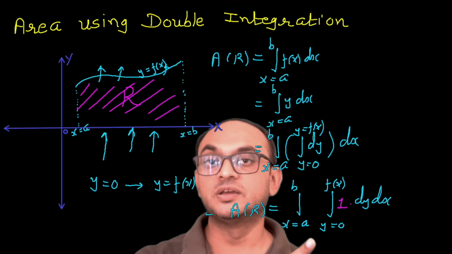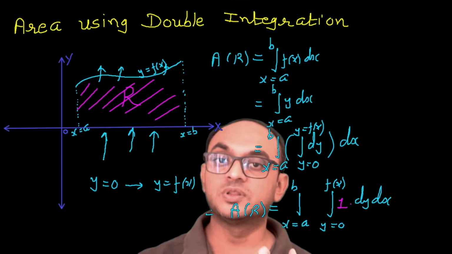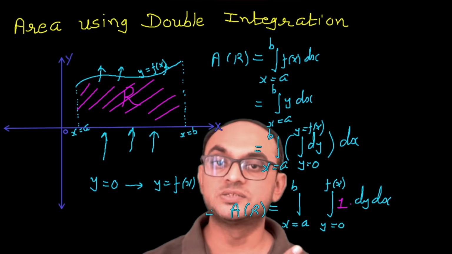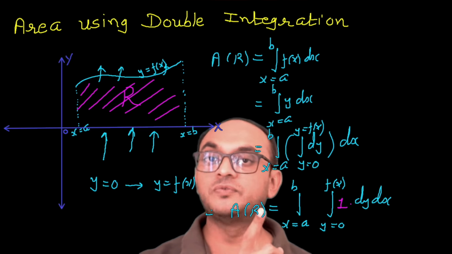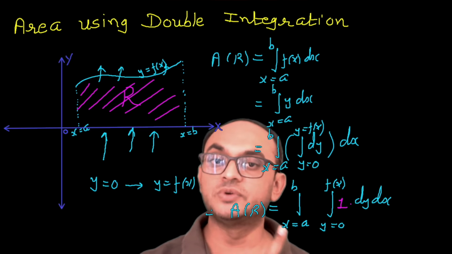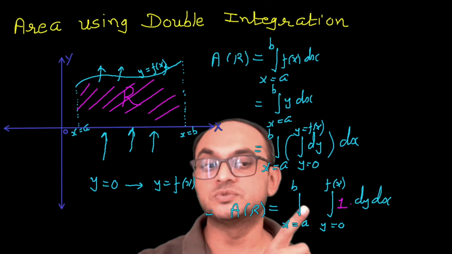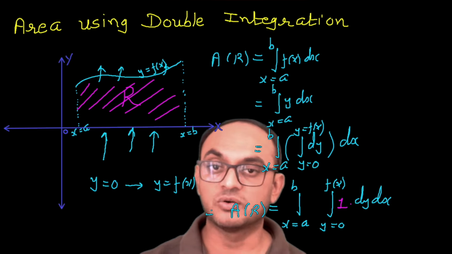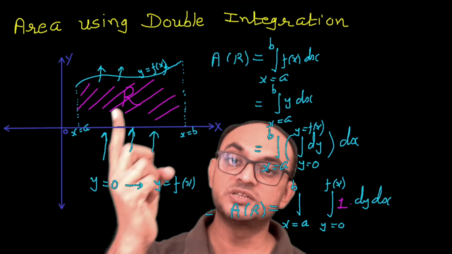So f of x, y is 1 here, and therefore the formula for area in terms of double integral is: area of the region R is equal to integration x is equal to a to b, integration y is equal to 0 to f of x, 1 into dy dx. But again, concentrate on the limits. These are the limits for this region R.